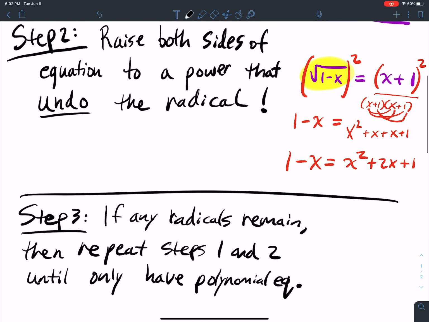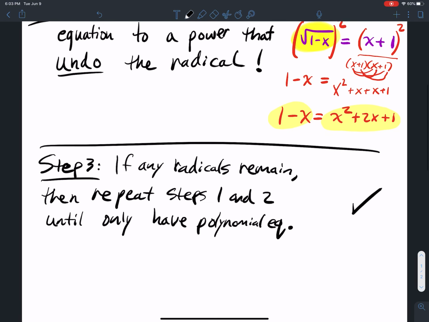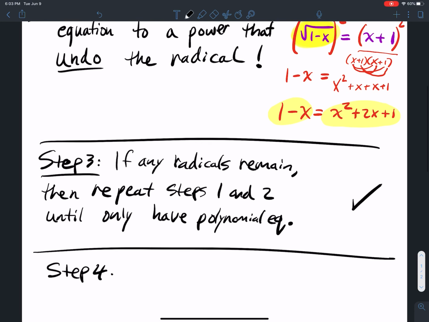Okay? So look at this. What do we have here? It looks like I have a polynomial on the left and a polynomial on the right. So after step 1 and step 2, that first time through, we got rid of all the radicals. So we're good to go on this step, okay? So what does step 3 say to do? I'm sorry, step 4. Step 3 was kind of a waste of time, if you walk through, there's only one radical, right?